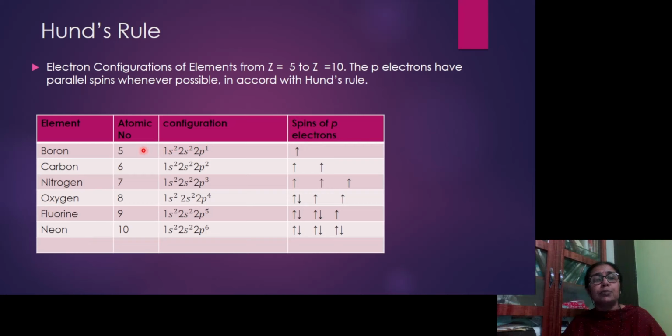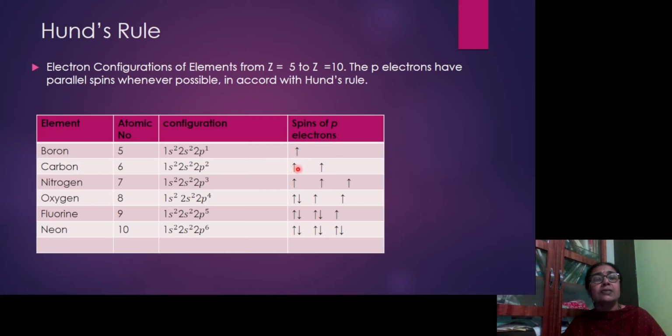The atomic number of these elements varies from 5 to 10, and we can see that the first 4 electrons are filled in the 1s and 2s subshells, and the p subshell is filled in such a fashion that initially only a single electron will be filled in each orbital. So boron has only a single electron in the 2p subshell.